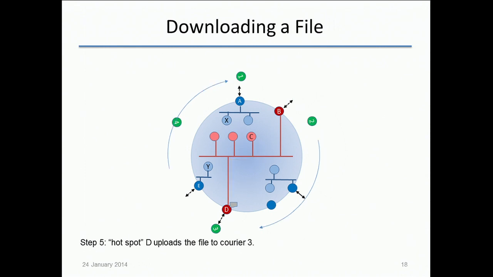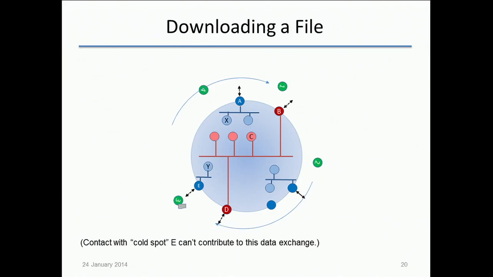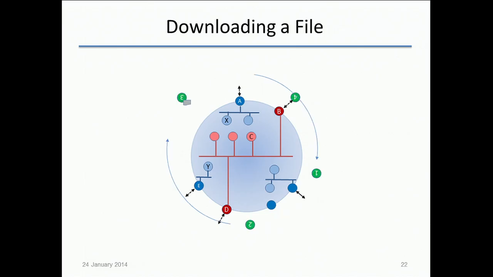Courier 3 arrives, the hotspot uploads the file to Courier 3, and now it resides in the memory of Courier 3. It continues on its orbital path, it comes into contact with cold spot E, doesn't do anything with the file because E is not connected to X, continues holding it, still holding it, still holding it.